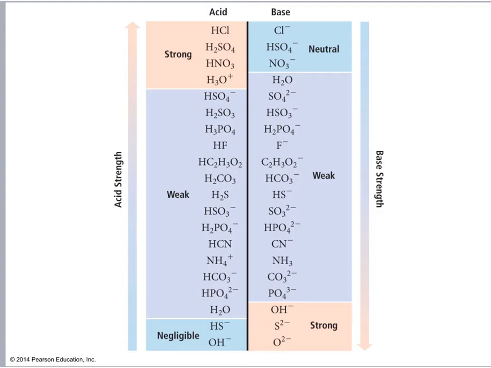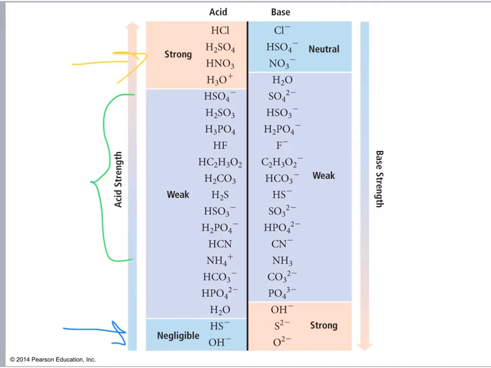So I mentioned this a little bit earlier, a little bit about relative strengths, right? And if you look at the top here, you'll recognize the strong acids, and then you've got the weak acids, and then you look at the bottom here, and these are considered negligible, meaning that they don't really do anything, right?